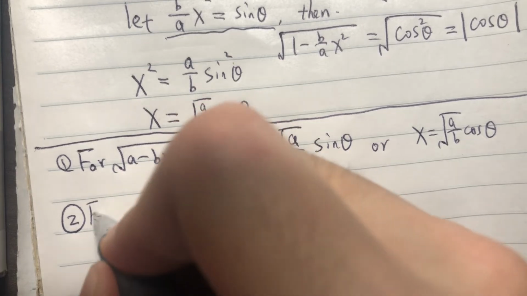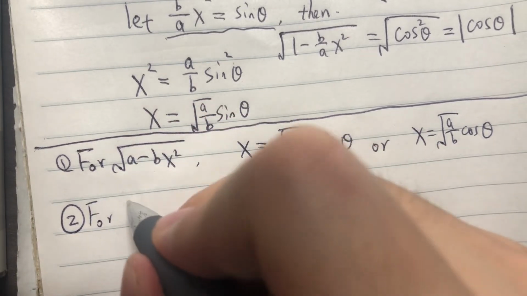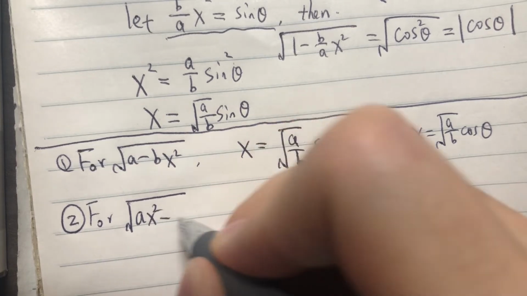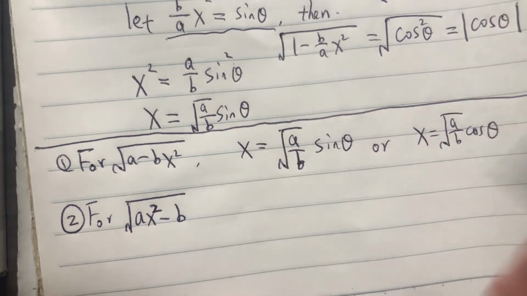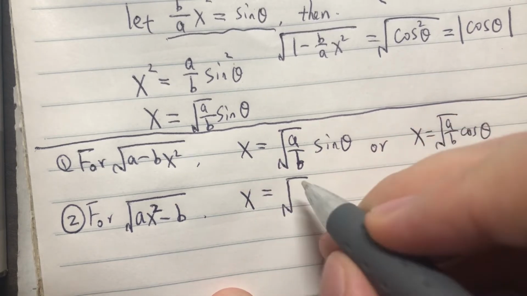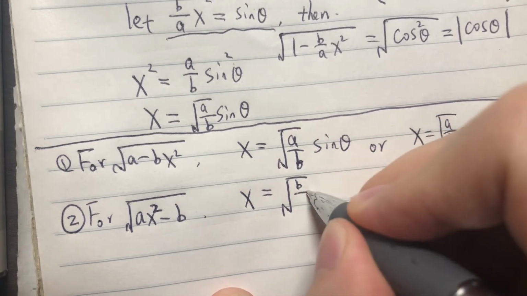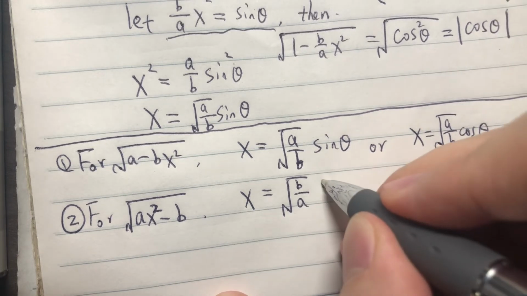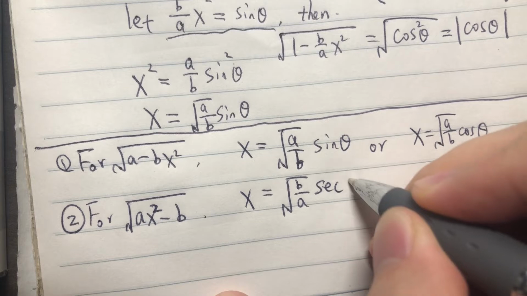Or in this form, ax squared minus b, the trig substitution is x equals square root of b over a secant theta.